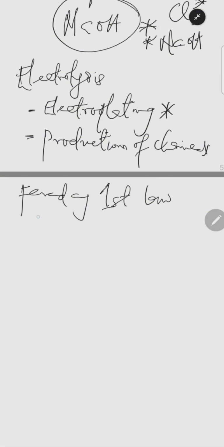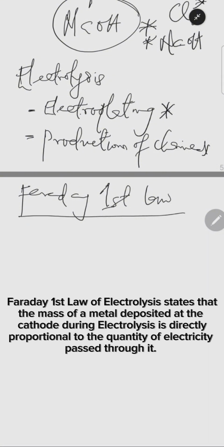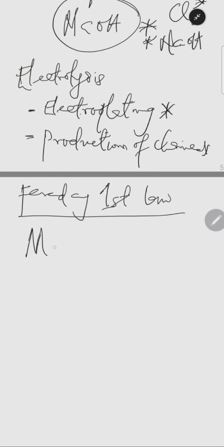Faraday's first law of electrolysis states that the mass of a metal deposited at the cathode during electrolysis is directly proportional to the quantity of electricity passed through it. So mathematically, you can say the mass M of a metal deposited at the cathode or dissolved at the anode during electrolysis is directly proportional to the quantity of electricity passed through it.